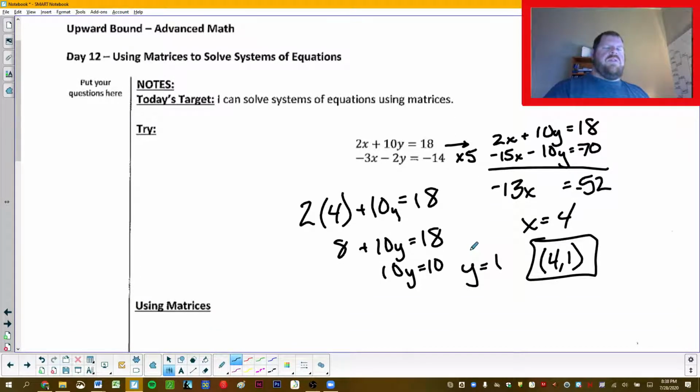But what I want to do is look at this one using matrices. And it's doable. Here's where the idea of solving these using matrices really comes from. It comes from the work that we did last time.